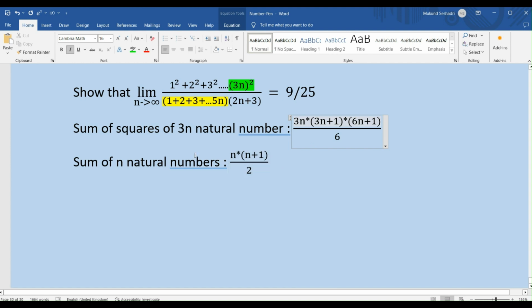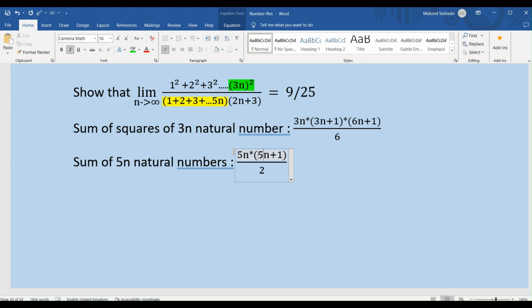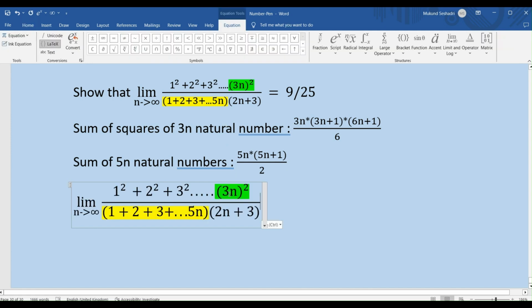And similarly, for my denominator, I've been asked to calculate 1 plus 2 plus 3 up to 5n. So we know the formula for n natural numbers. I'm just going to replace n by 5n, and there we have what we need. So 5n becomes 5n into 5n plus 1 divided by 2, right? So now let's plug them into the expression.